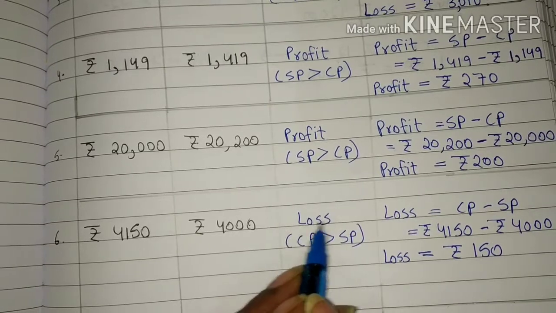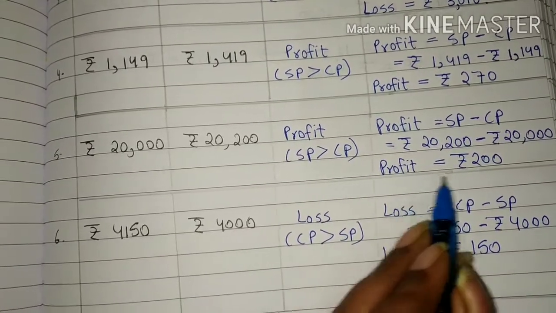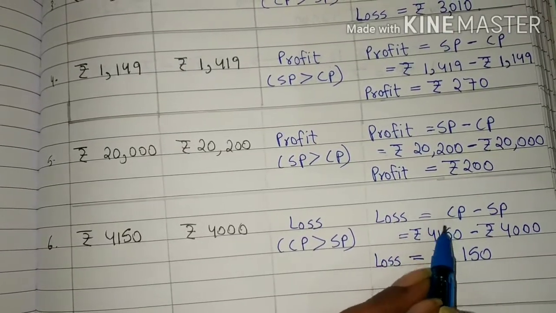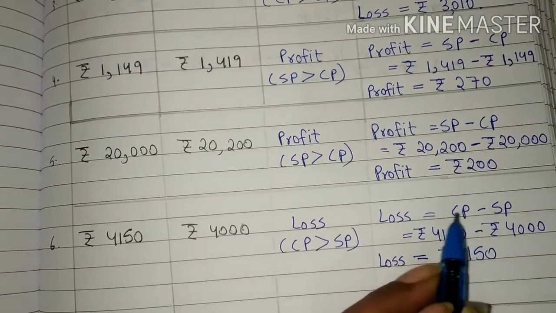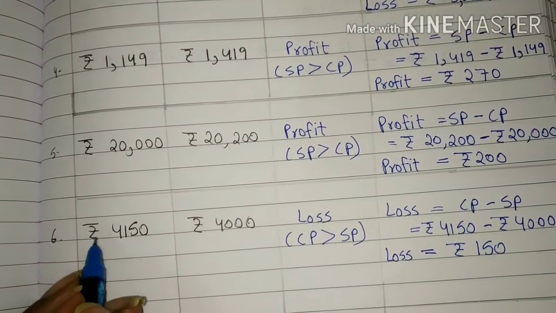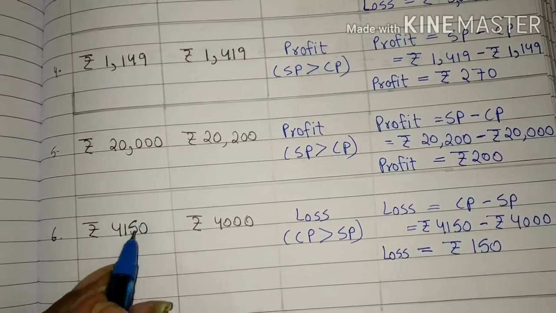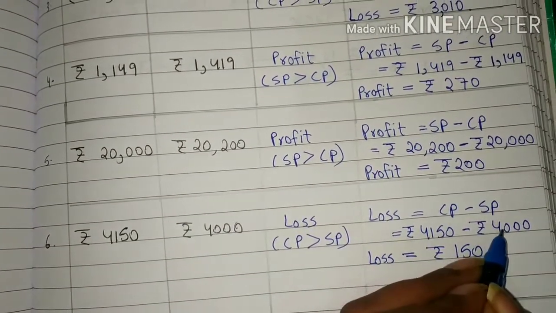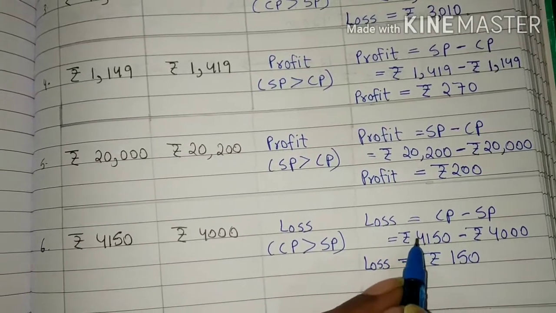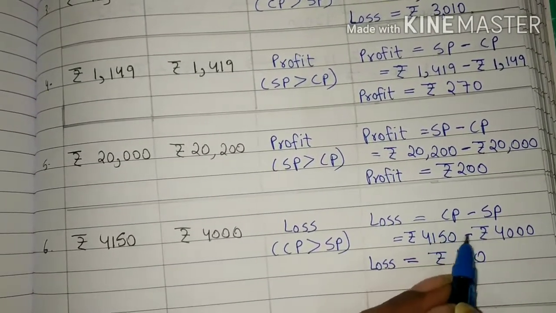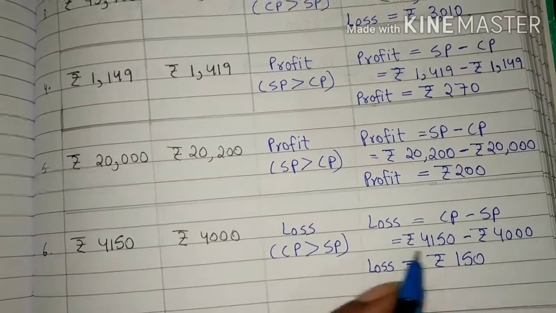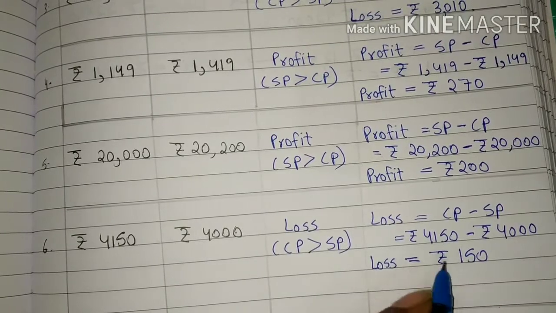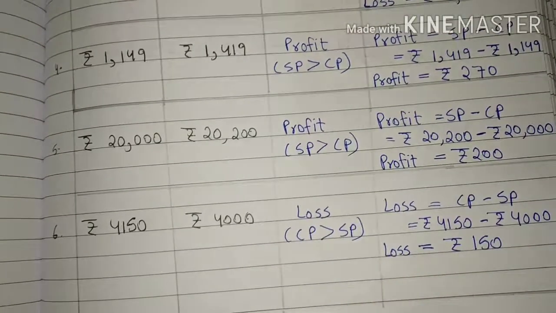So here you will write loss and here you will calculate loss amount. How will you calculate? Loss is equal to cost price minus selling price. Cost price is rupees 4,150 and selling price is rupees 4,000. So rupees 4,150 minus rupees 4,000 is rupees 150. So loss is rupees 150.